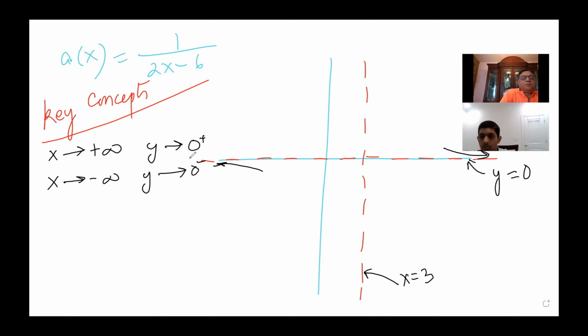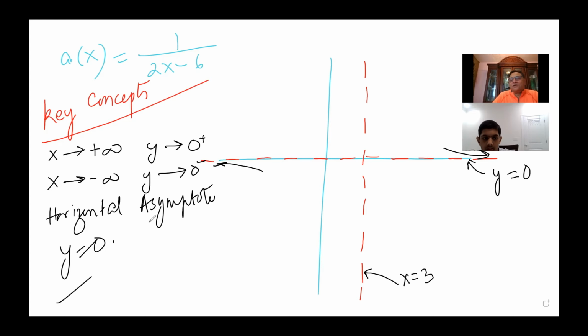Since y approaches 0, we have a horizontal asymptote, whose equation is y equals 0. Have you understood this now? Yeah. That is the concept of horizontal asymptote, which I wanted to teach you before getting into the final graph.